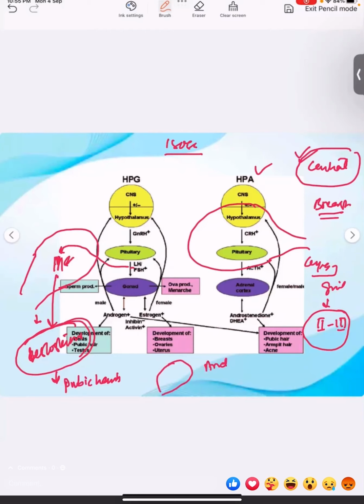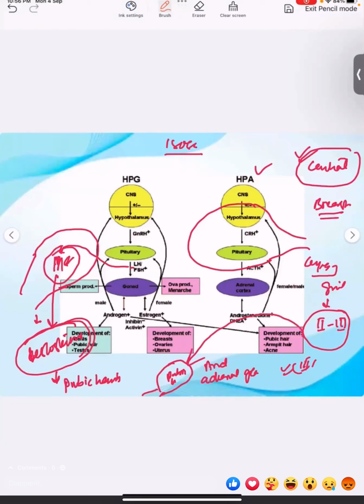This is mainly going to produce pubic hair formation. So any female who comes to you with pubic hair formation, maybe stage 2 or 3 or whatever it is, the main source of this is not theca cell tumors. That may be, but the main source is the adrenal gland.